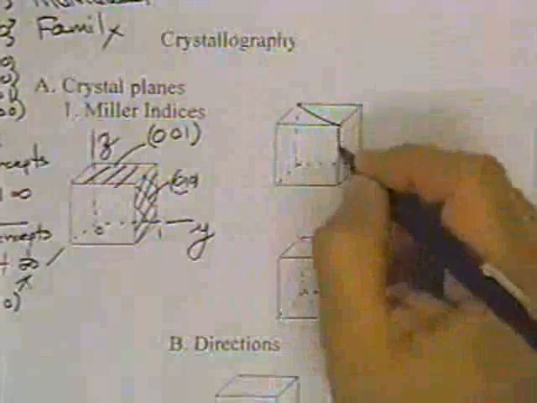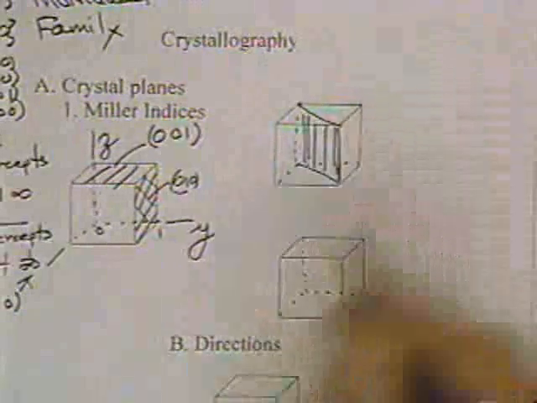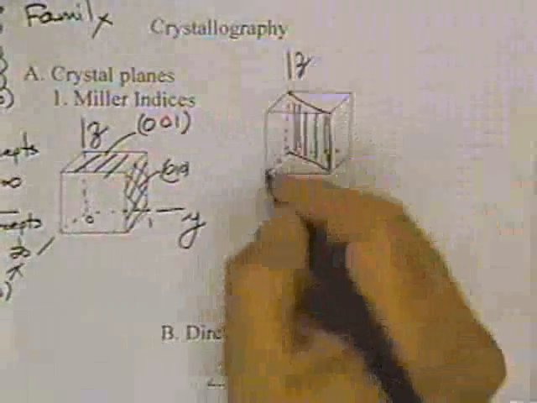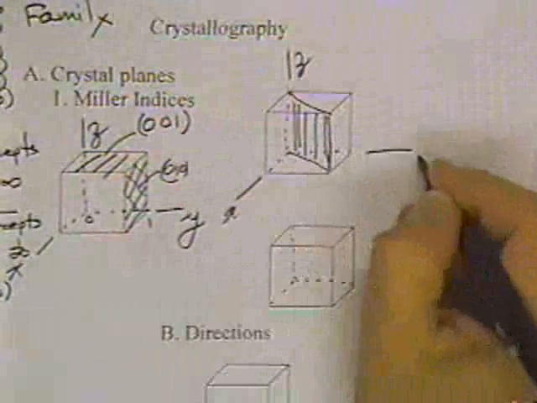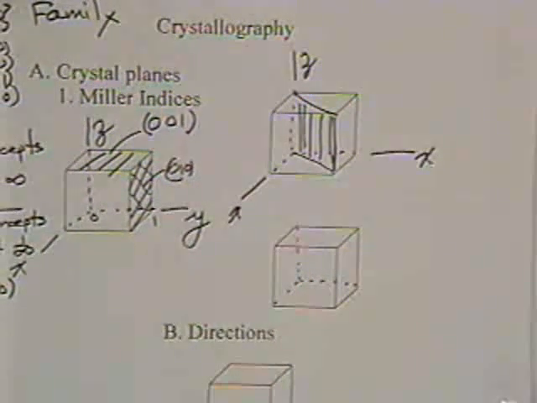Let's try a little more complicated one, okay? Let's take the diagonal plane and let's use this diagonal plane right here. Now you see that it goes through the origin, and that poses a problem for Miller indices. If the plane goes through the origin, either move the plane or move the origin.